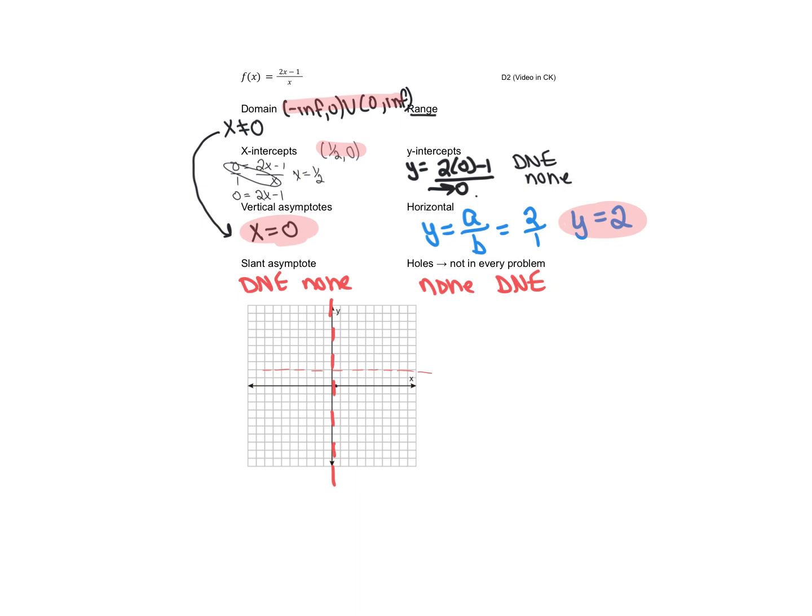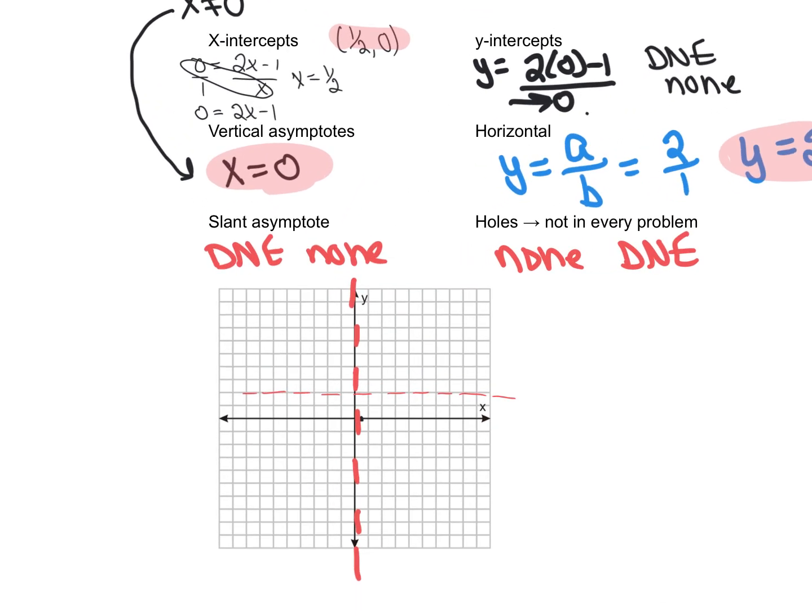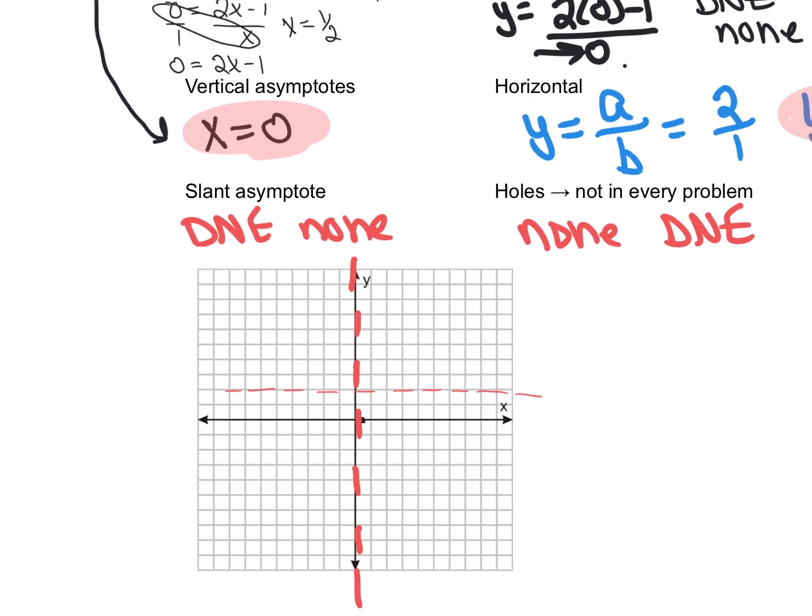Using your graphing calculator, you're going to have two branches. One branch is going to be over here, and remember, we do not touch those asymptote lines. And then our other one, we actually do have this little x-intercept, so we're going to cross through that x-intercept, and we have these two branches on each side of our asymptotes.